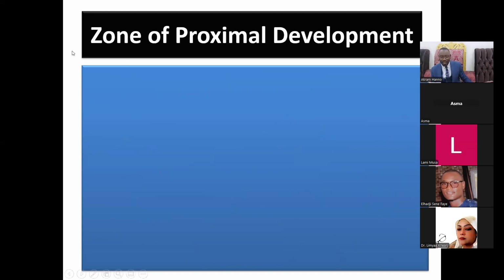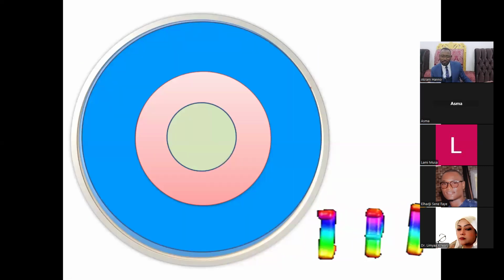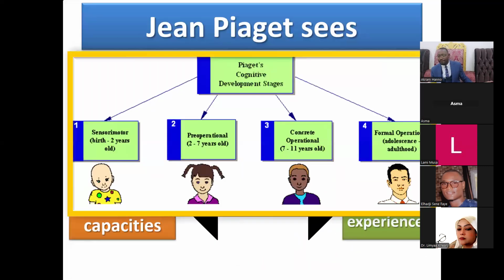Again, this is Piaget, and we have here two theories in psycholinguistics. One says that a child can undergo these four stages, as you have seen here.